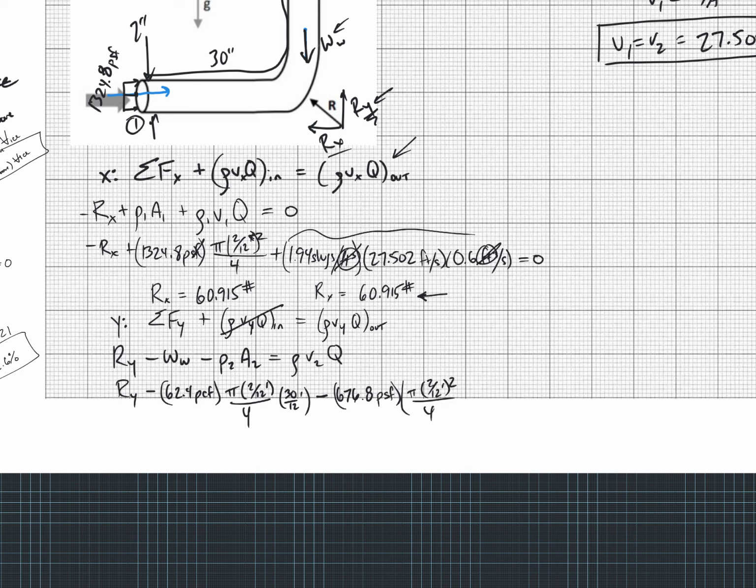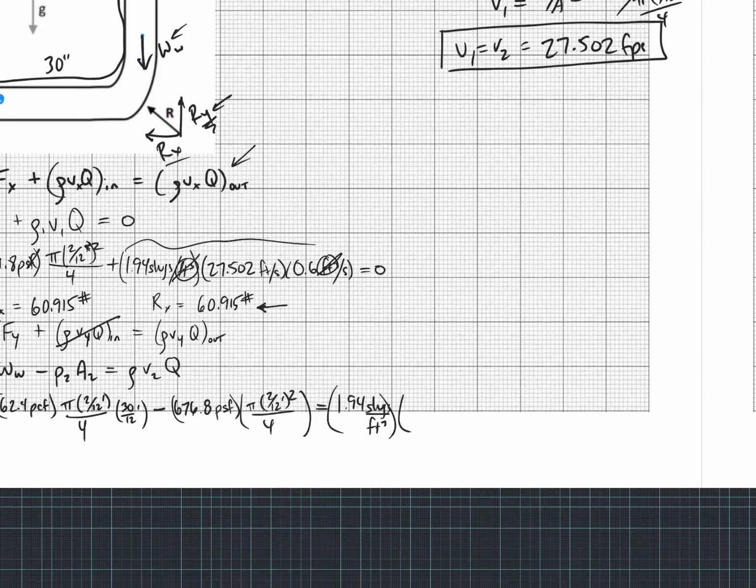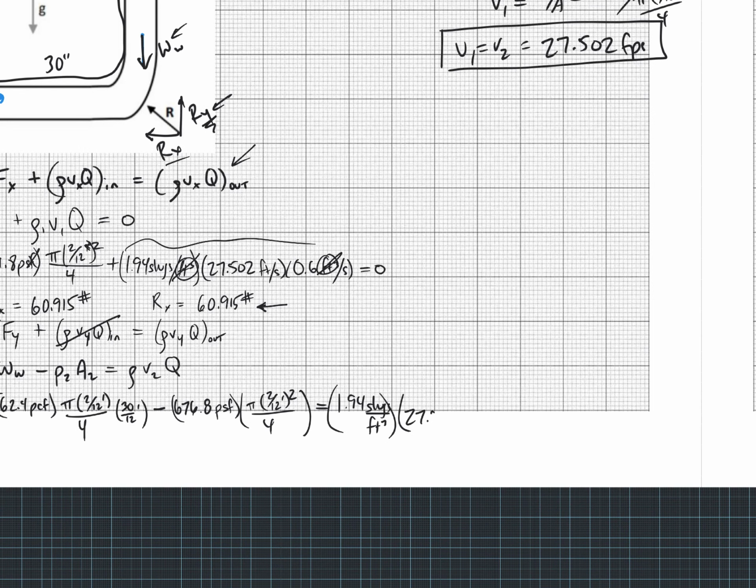If we'd been smart, we would have calculated that area at the beginning of this problem, because it's come up constantly. Equals the density of water, which is 1.94 slugs per cubic feet, times the velocity, which we calculated up here, 27.502 feet per second, and then Q, which is 0.6 cubic feet per second.